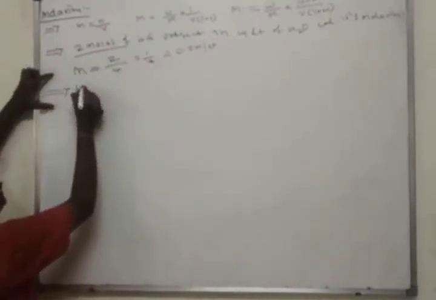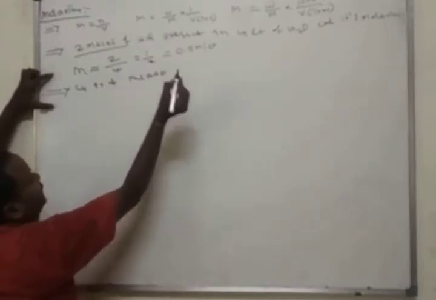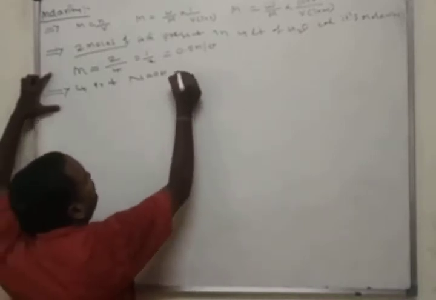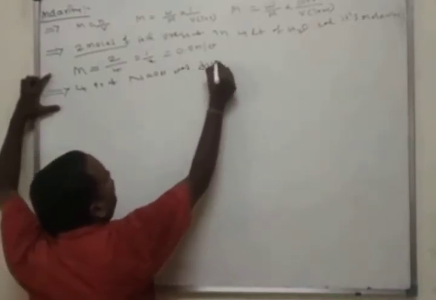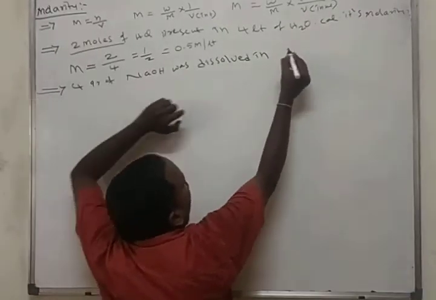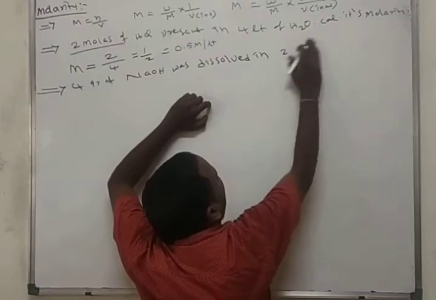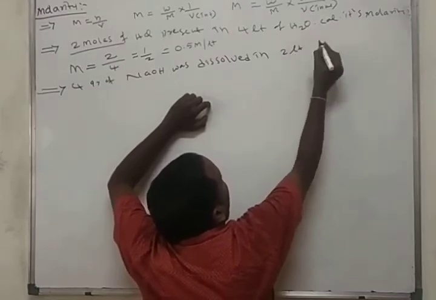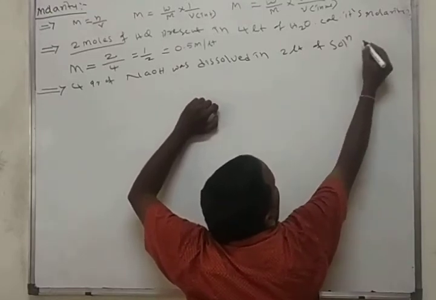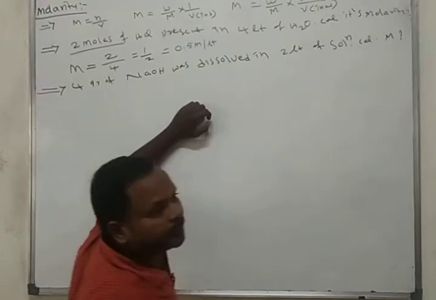Here, 4 grams of sodium hydroxide was dissolved in 2.5 liters, simply take 2 liters, of solution or solvent. Calculate the molarity.